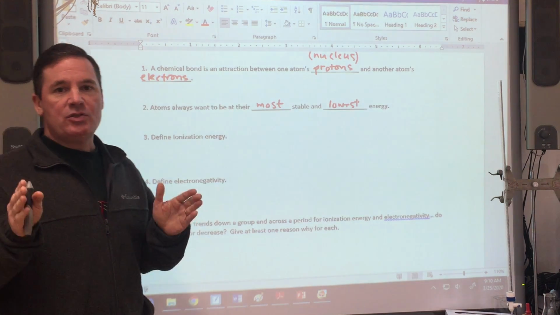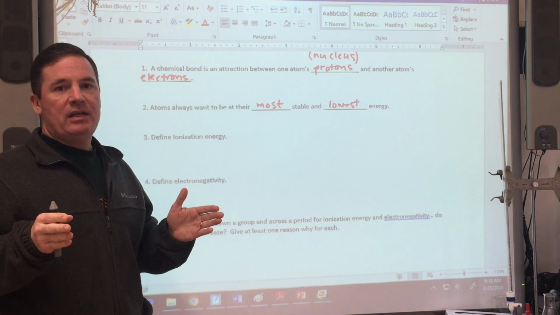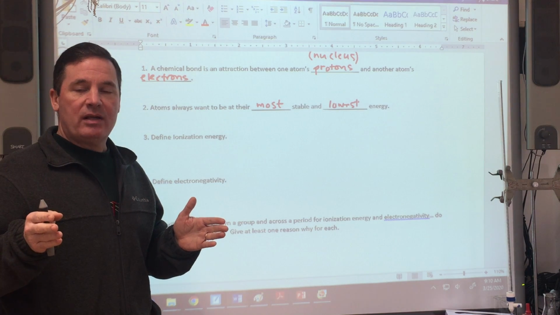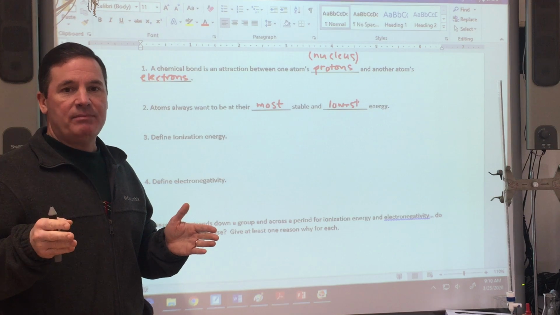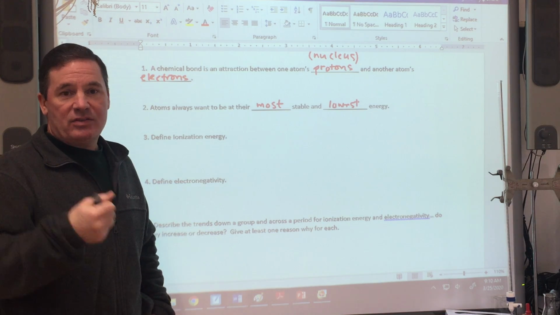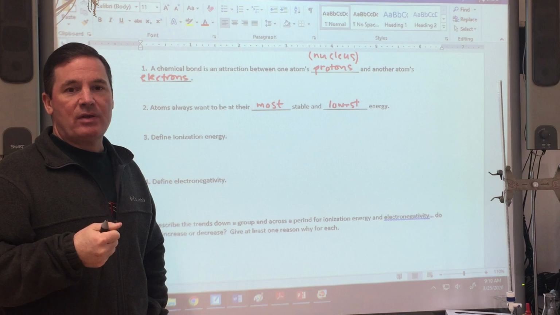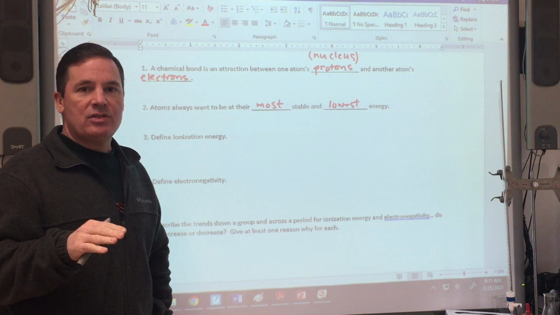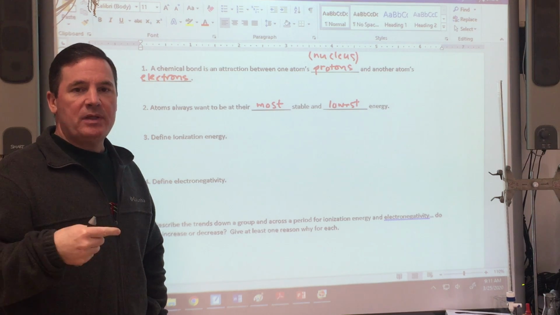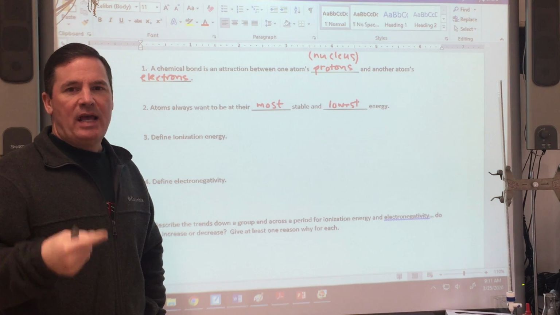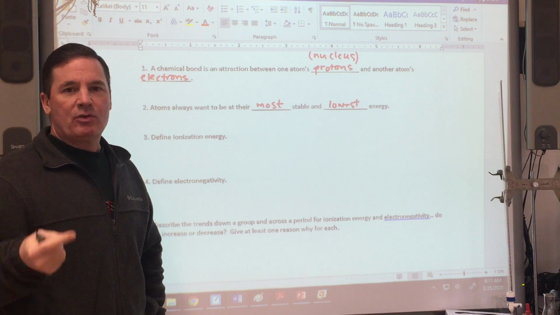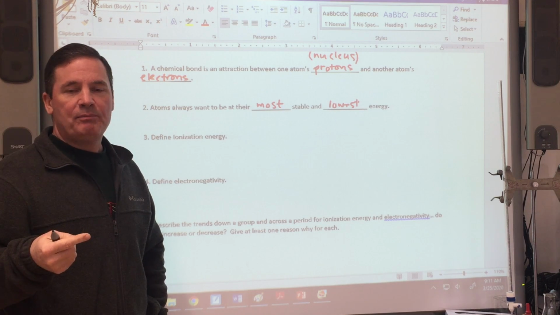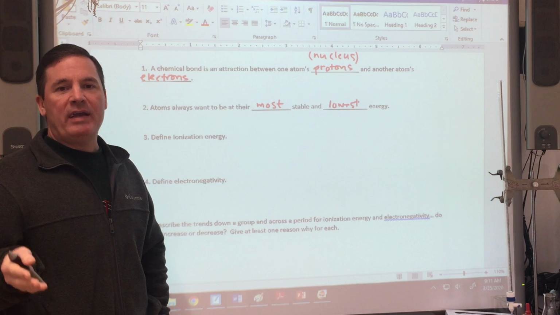If the difference between the electronegativities is high, say greater than or equal to 1.7, then essentially I'm going to hog the electron to the point where we call it an ionic bond. If the difference between electronegativities is less than 1.7 but greater than 0.4, we call that a polar covalent bond.